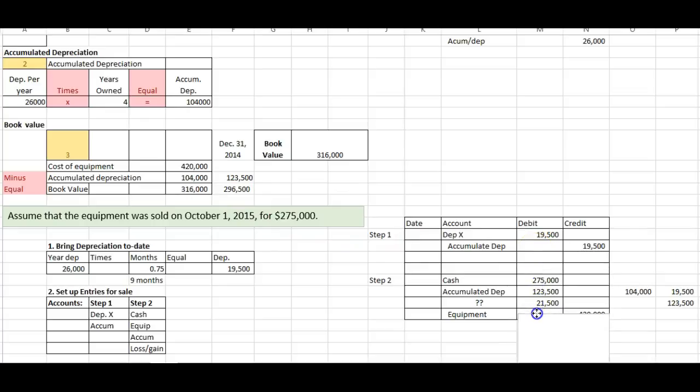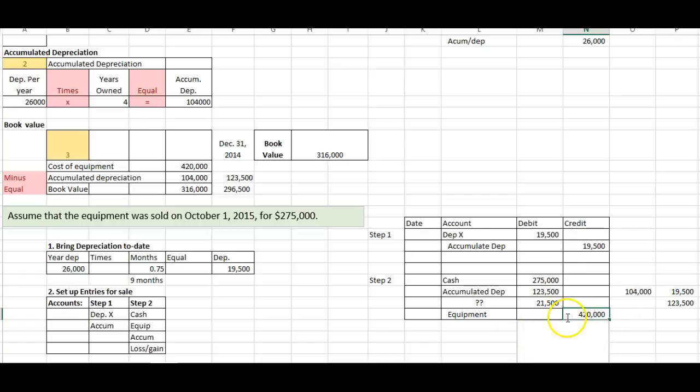So if I were to sell this, I would plug in what numbers I already have. I got $275,000 in cash. I have to remove the accumulated depreciation because I'm getting rid of the asset. And I have to remove the equipment from my accounts, and that's $420,000.